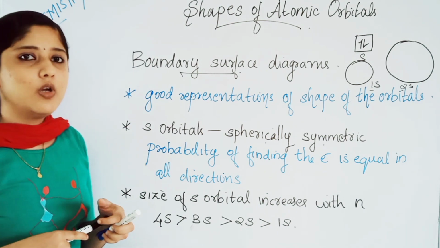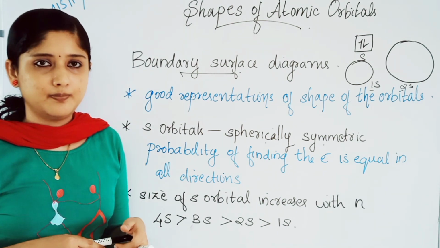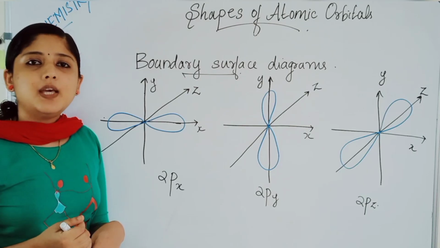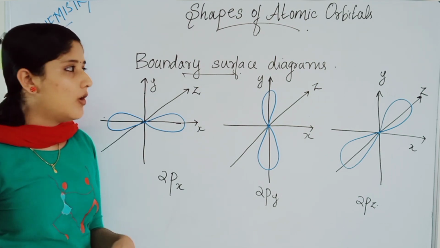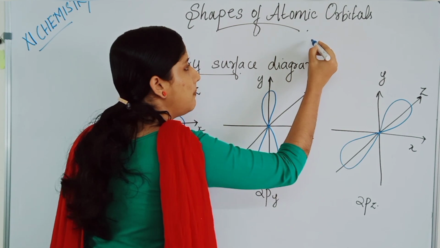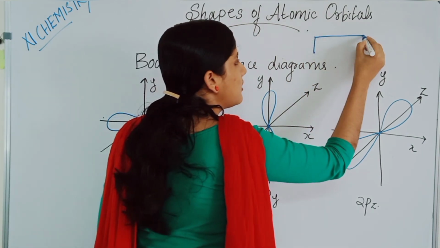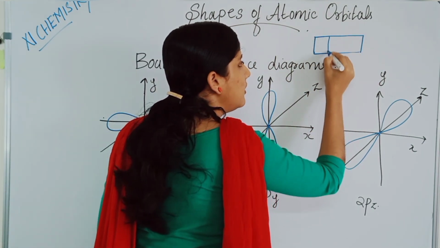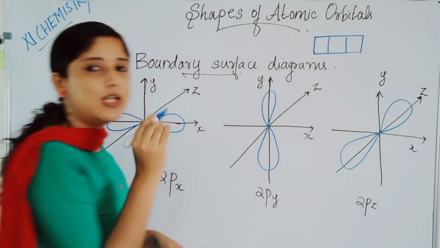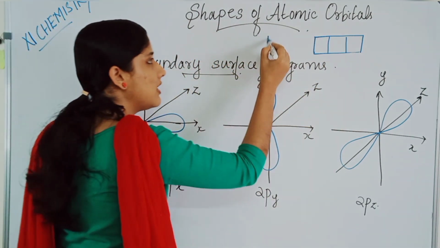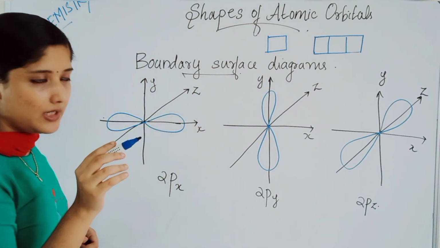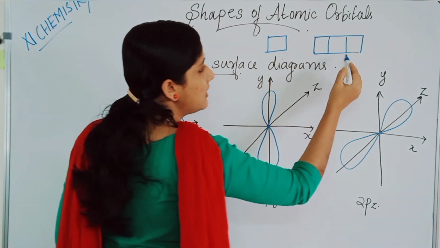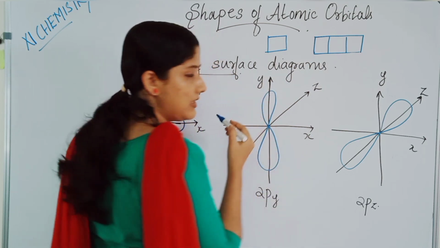Now, moving on to the p orbital. The p subshell has 3 p orbitals, isn't it? We already studied that. Similar to s, where there is only 1 orbital in the s subshell, for the p subshell there are 3 orbitals.